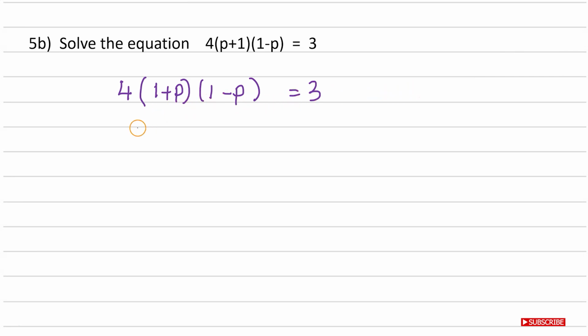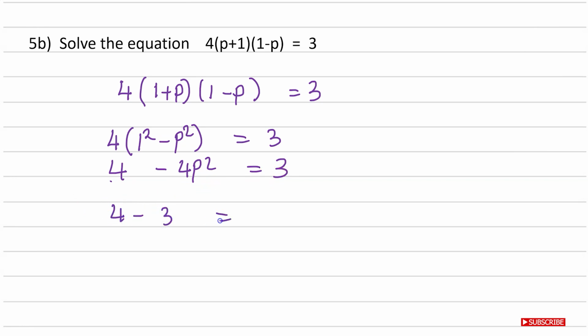So if I have this, then I can write this as 4 (1 squared minus p squared) is equal to 3. Expand this out. 1 squared is just 1, so I get 4 minus 4p squared equals 3. If you rearrange this, add 4p squared and then take away 3, you will get 4 take away 3 equals 4p squared.